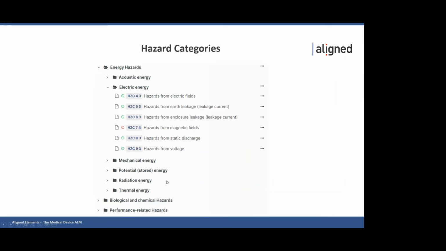We considered radiation energy. We thought hard about it, and we realized it's not applicable to us. So you don't only show the risks that you have identified, the positive thing, but also the negative thing, what you have considered and explicitly excluded because it's not applicable to your device. And in my experience, auditors like this.